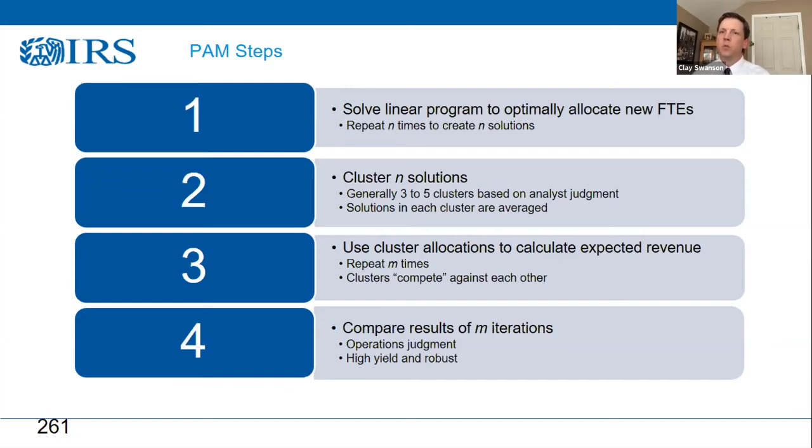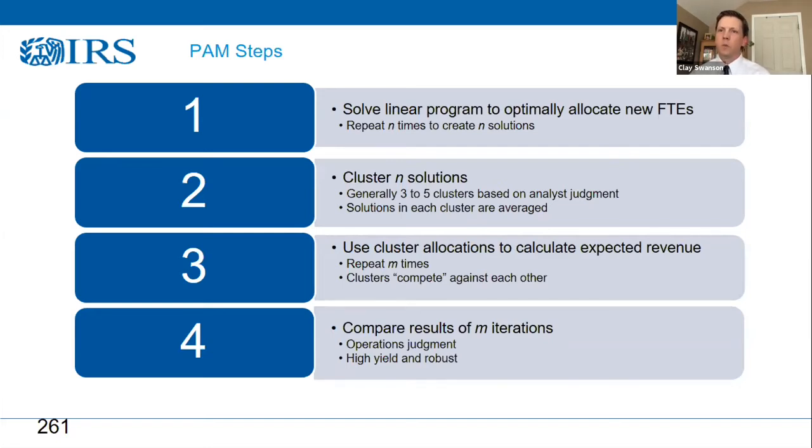So in step 2, we cluster the solutions. Many of these solutions are likely going to be similar to each other, so we put similar solutions into clusters. Generally, we end up with 3 to 5 clusters. Similar solutions are averaged, so we end up with 3 to 5 solutions instead of 1,000.